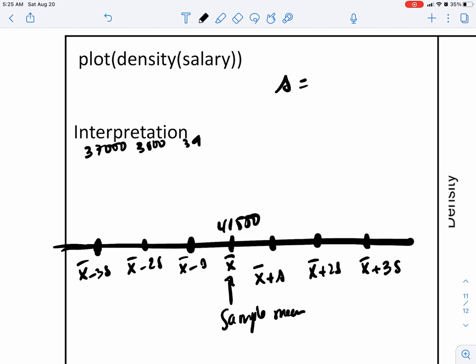Remember what your standard deviation was, 3135.815. So really what I'm doing, for me to get those numbers, is adding 41,500 plus 3135.815. Let's do that.